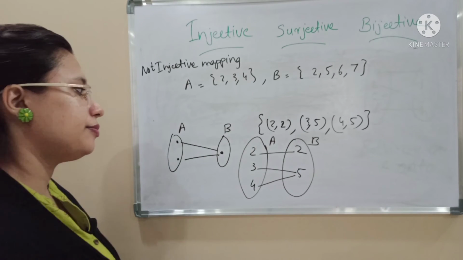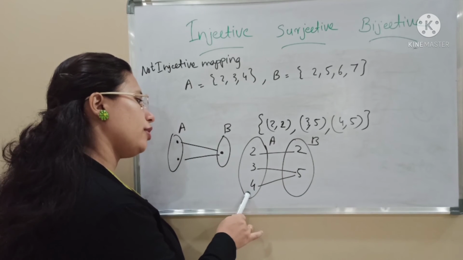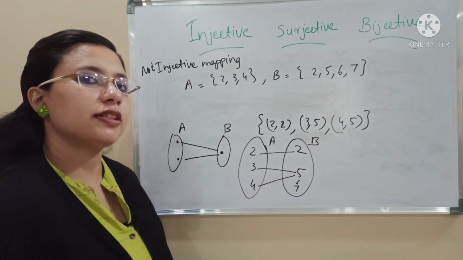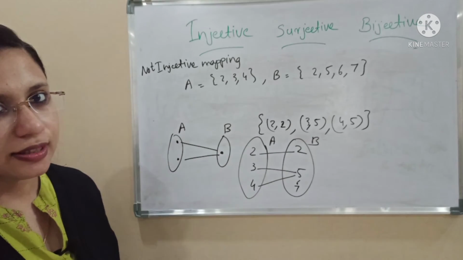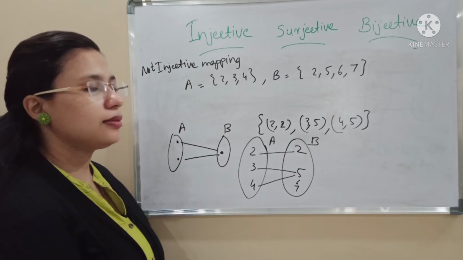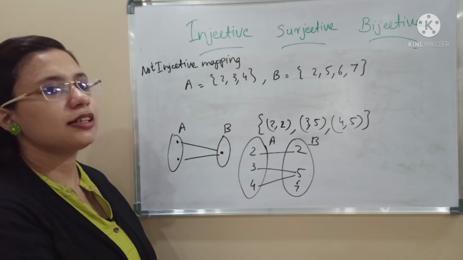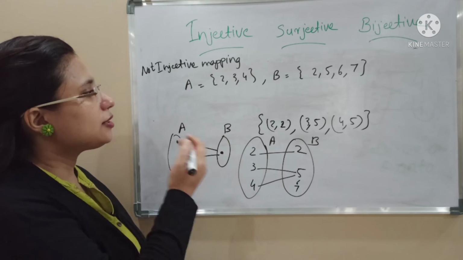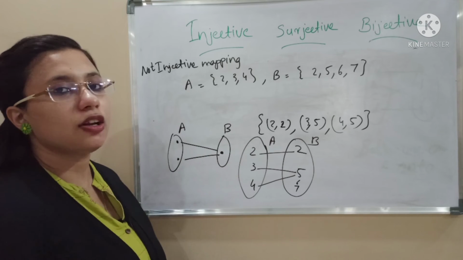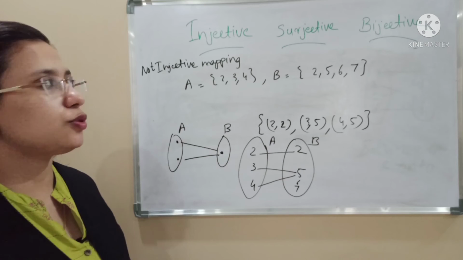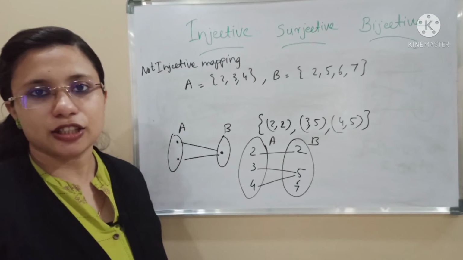So here 3 and 4, we have 6 and 7. Okay, 3 and 4 are mapping to the same image in set B. So this set is not satisfying the condition of an injective function. So this is not an injective mapping.